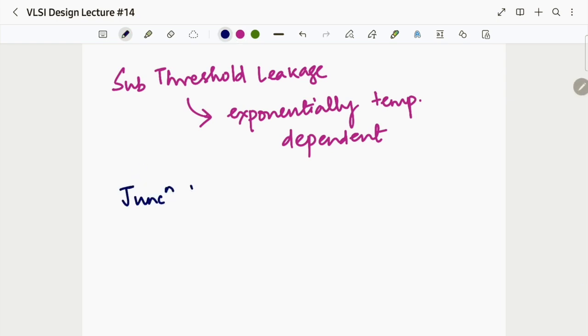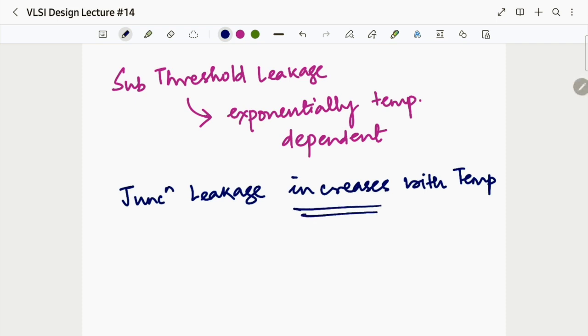And the junction leakage increases with temperature. So leakage is not decreasing with increase in temperature, it is actually increasing with temperature.